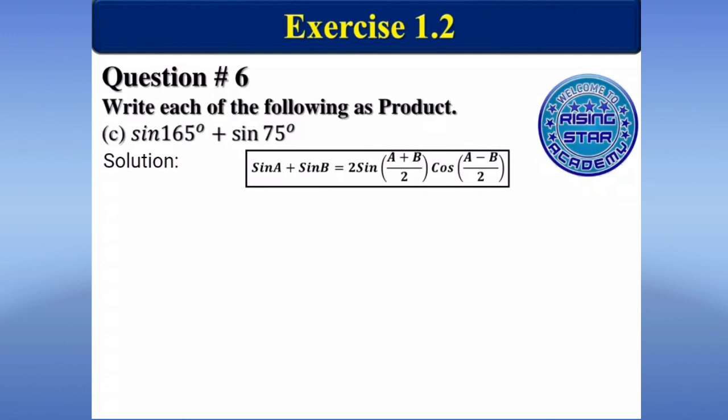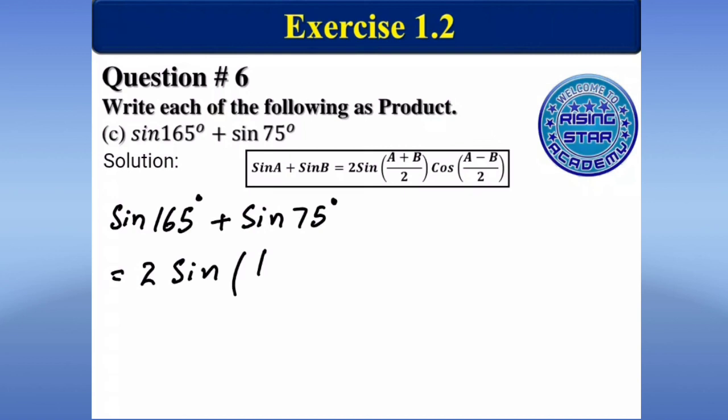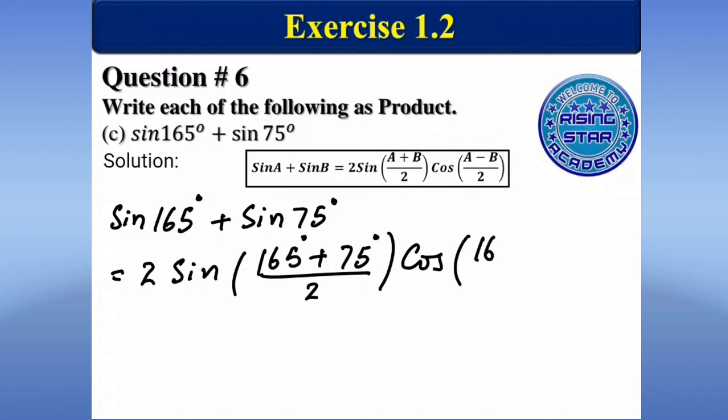In part C, we will apply the identity of sine A plus sine B. So let me write sine of 165 plus sine of 75. We can write it as 2 sine of 165 plus 75 divided by 2 into cos of 165 minus 75 divided by 2.